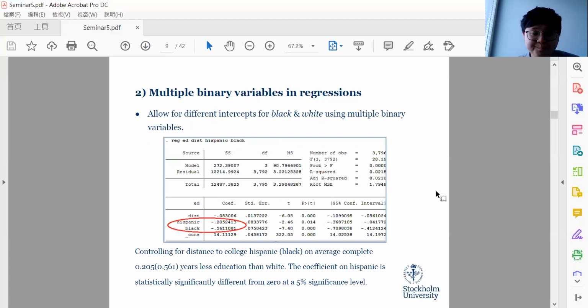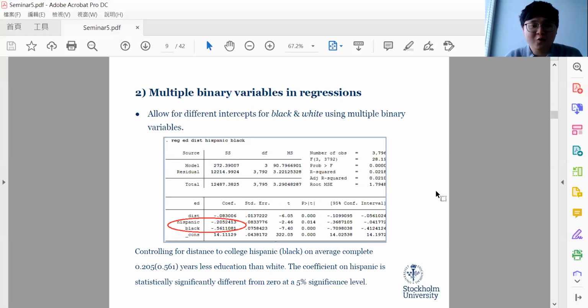Now you want to expand the binary variables, from Hispanic and non-Hispanic to Hispanic, black and white.